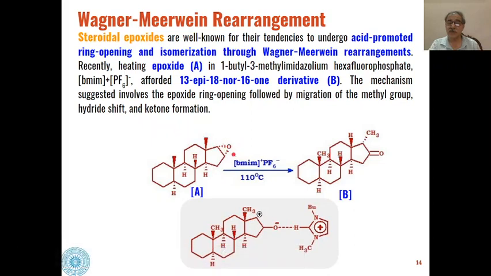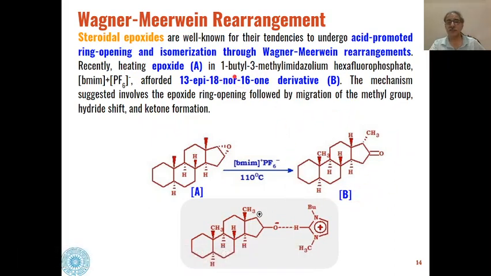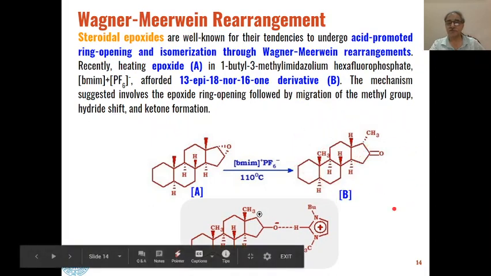This bond will break, this will get attached to the ionic liquid, and now we will have a carbocation, and this carbocation then will rearrange to give us these types of products through ring expansion reaction. So this is how the epoxide A will afford the 13 Fp 18 or 6 one derivative as the product.